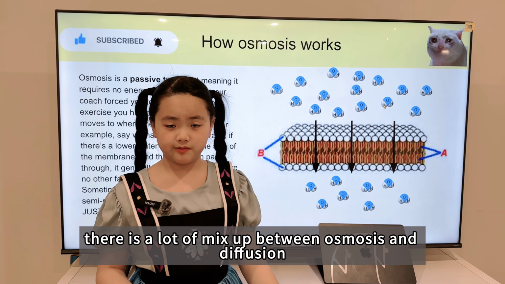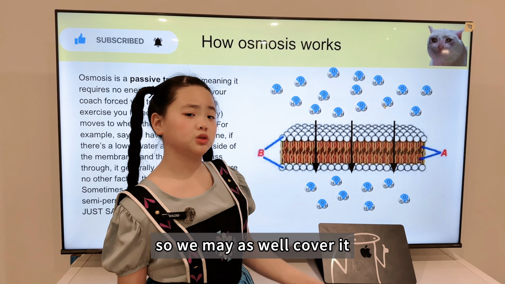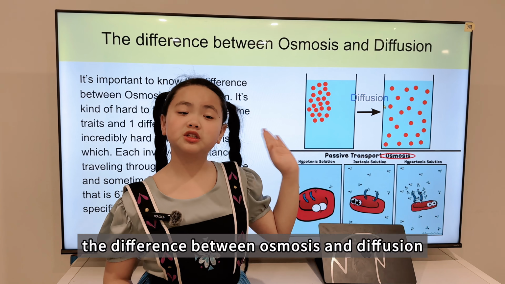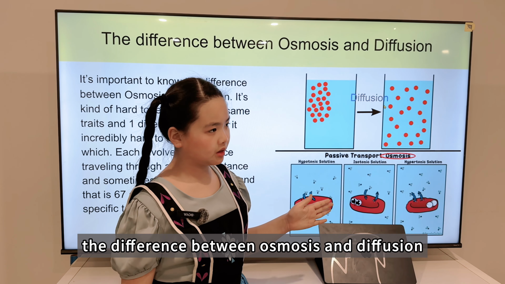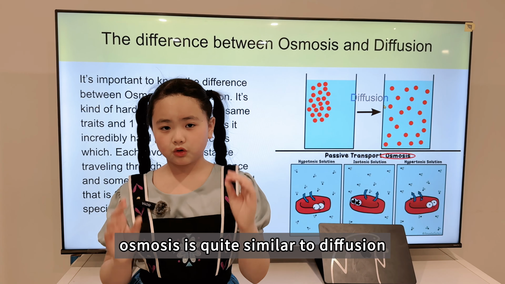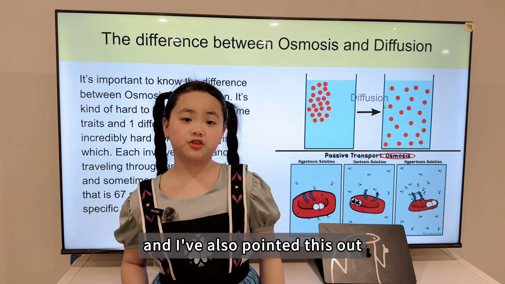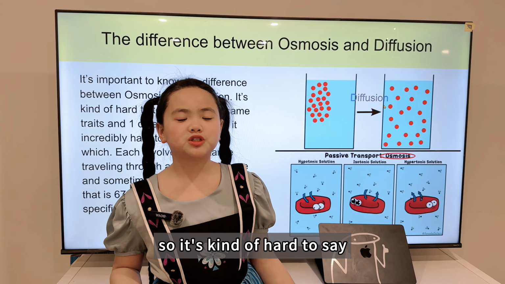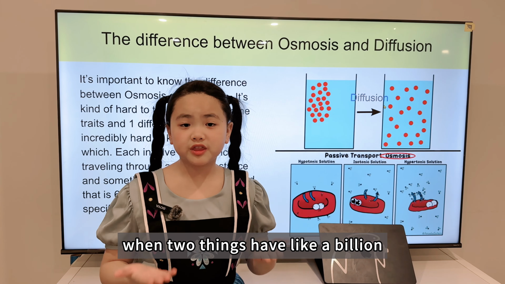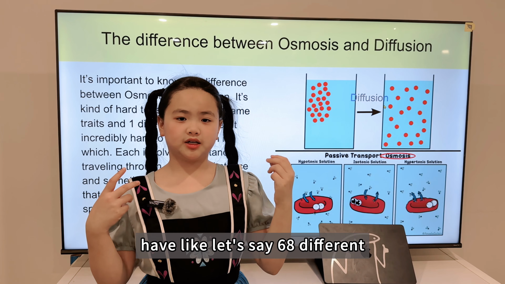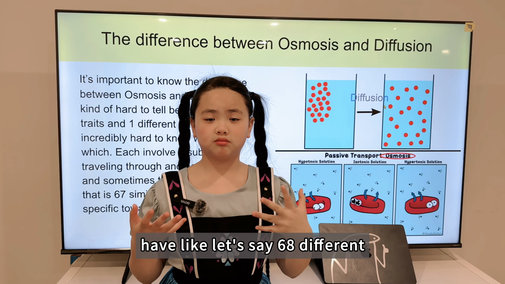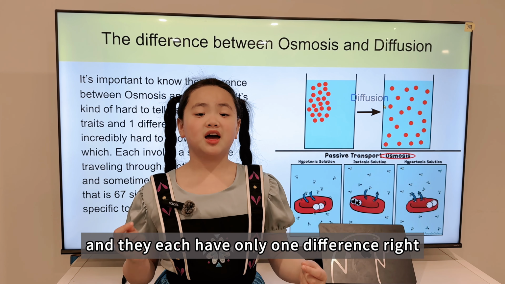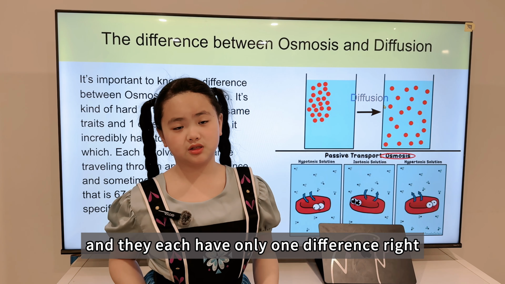Now, there is a lot of mix-up between osmosis and diffusion, so we may as well cover it. The difference between osmosis and diffusion. Osmosis is quite similar to diffusion, and I've also pointed this out in my previous video on diffusion. So it's kind of hard to say when two things have, let's say, 68 similarities, and they each have only one difference, right?